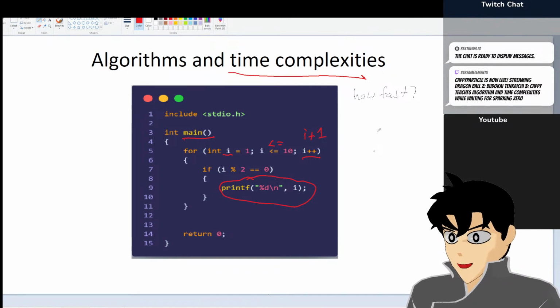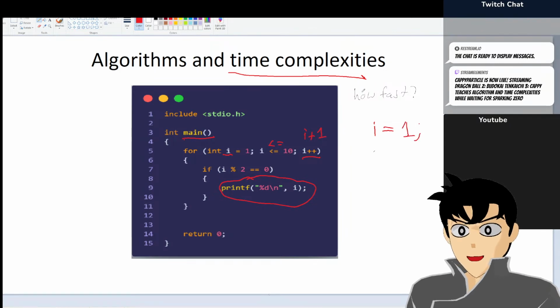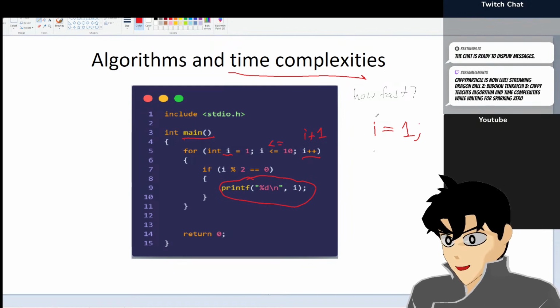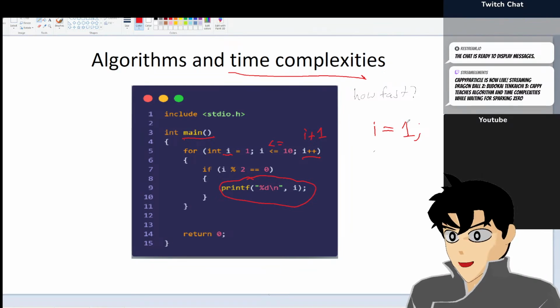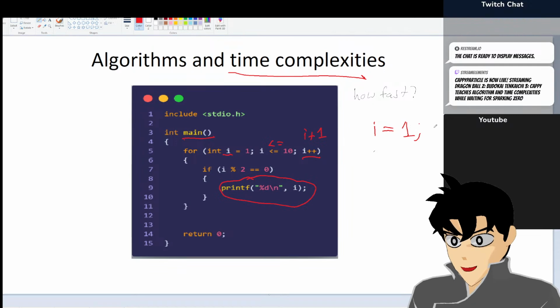Since we already know what i is, a variable, if i equals 1, how fast does it get through this? In this case, something like i equals 1 has a time complexity of O(1), okay?